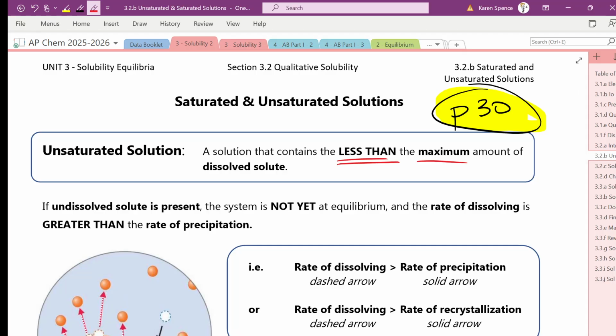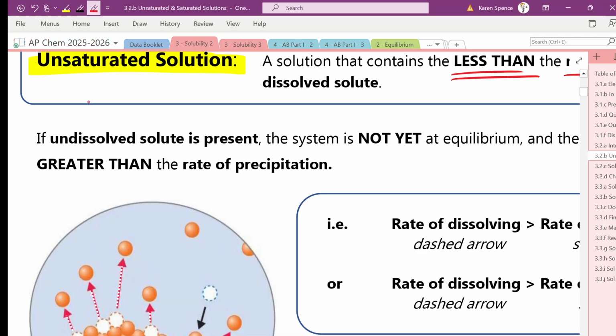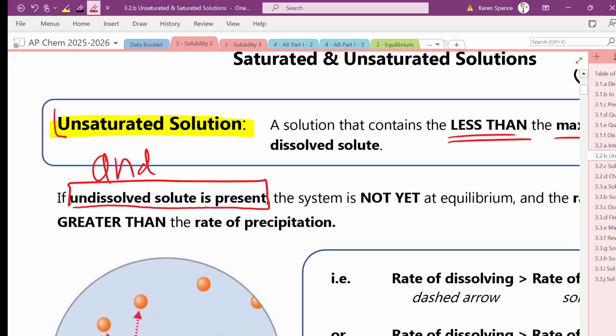Now, if you have an unsaturated solution and some undissolved solute is present, is the system at equilibrium?